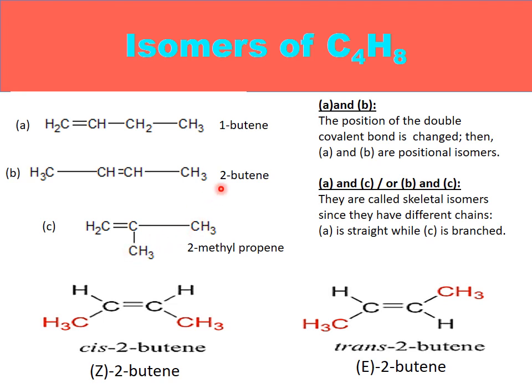So only 2-butene can be represented using stereoisomers, since each carbon atom is attached to 2 different groups, hydrogen and CH3.